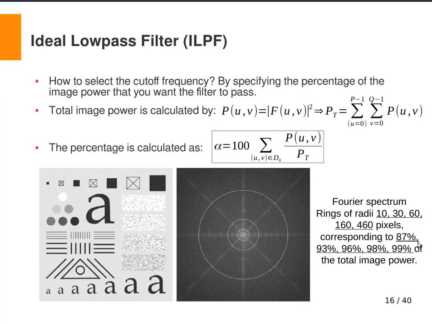The reason for that is usually the Fourier transform is very concentrated around the origin. This image by itself is shown using a log transformation to basically be able to show the wide range of the frequency component values.